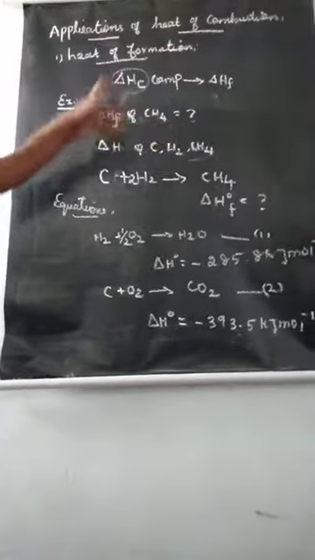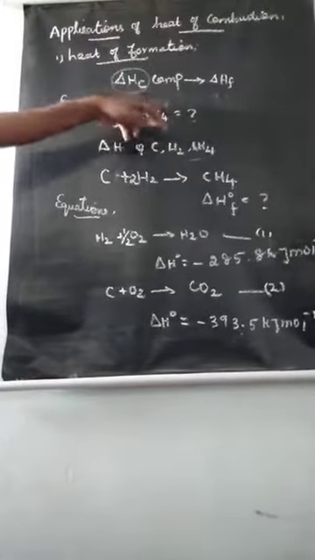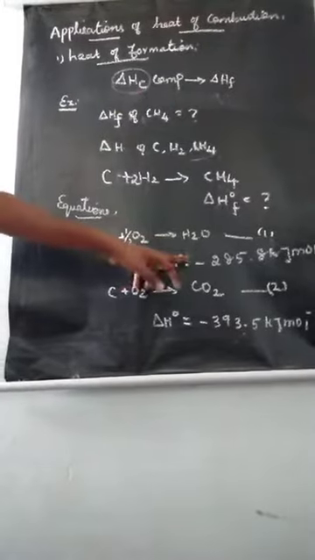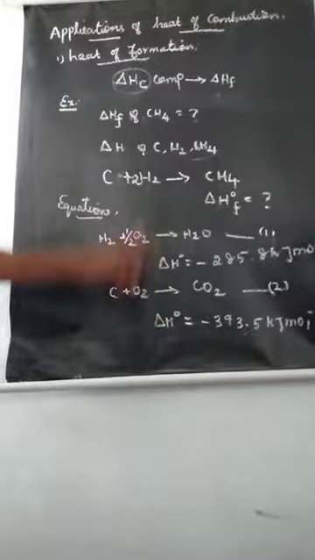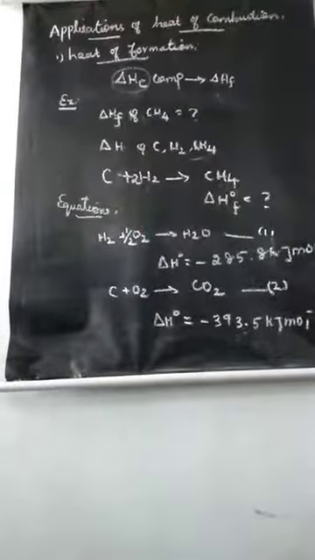We are going to calculate the heat of combustion of methane. How we can calculate it: from the heat of formation of some other organic compounds. Here we consider two organic compounds. Now the third equation: methane burns with oxygen.